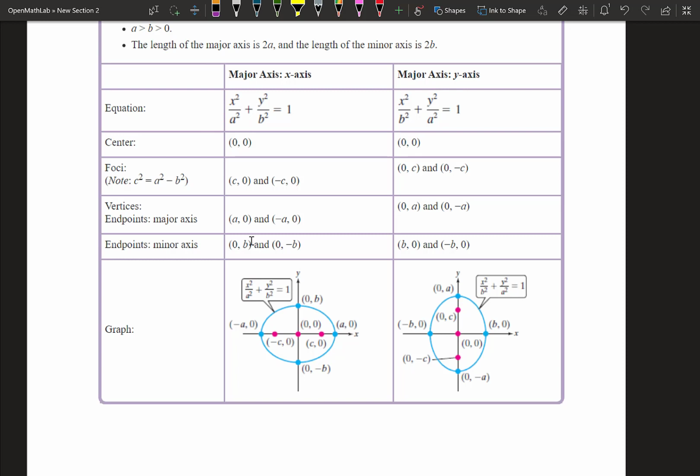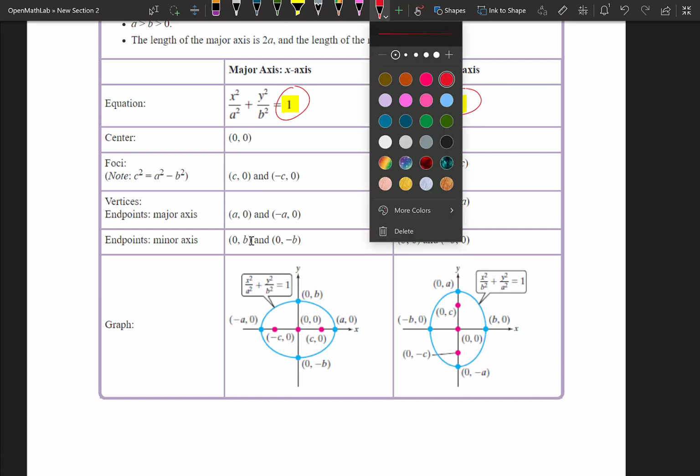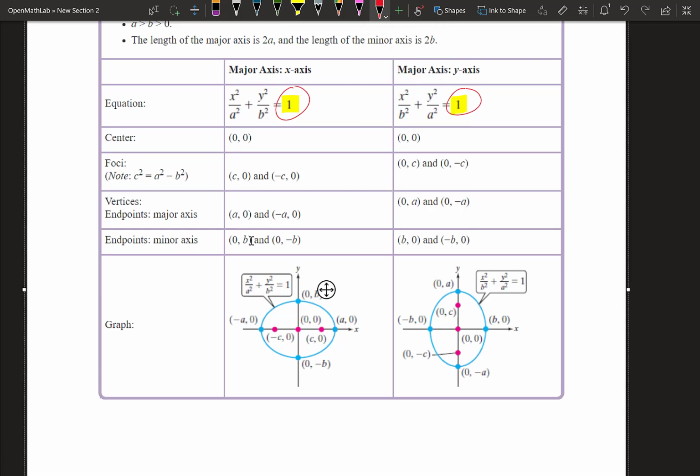Another thing I want to point out is that in order for the equation to be in this format, it has to be equal to 1, right? That will play an important role for us as well. In both cases here, the center is at the origin.